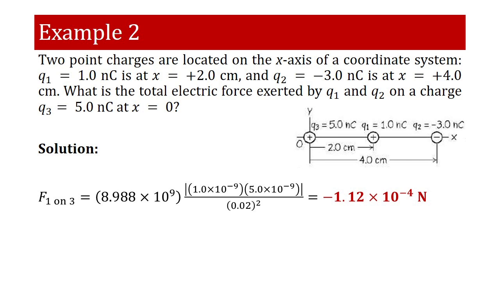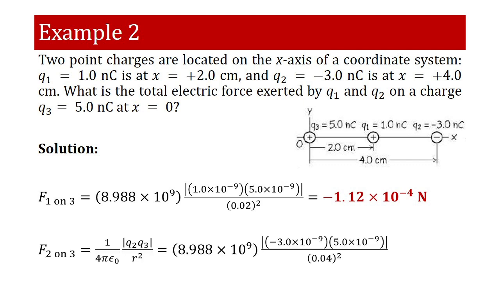Now, Q1 is positive, and Q3 is positive. And we know that two positive charges repel each other. Q1 will go to the right, while Q3 will go to the left. And we are concerned with Q3, so Q3 is going to the left, then the sign of your force is negative. That's why it is negative there.